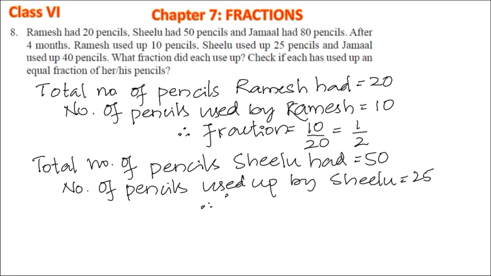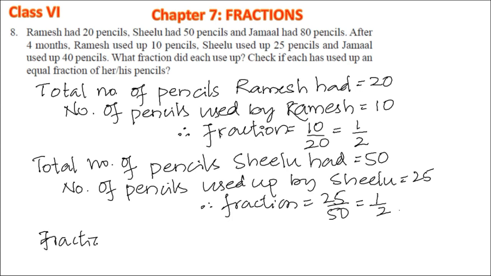Now if we express this in terms of fraction, we get 25 by 50, which is again 1 upon 2. Same way, the fraction with respect to Jamal is he has used 40 out of 80, which is again 1 by 2.